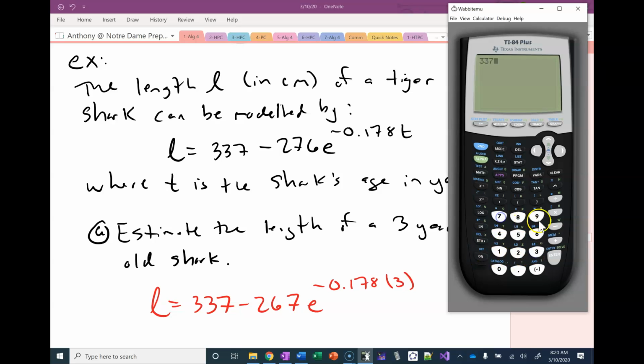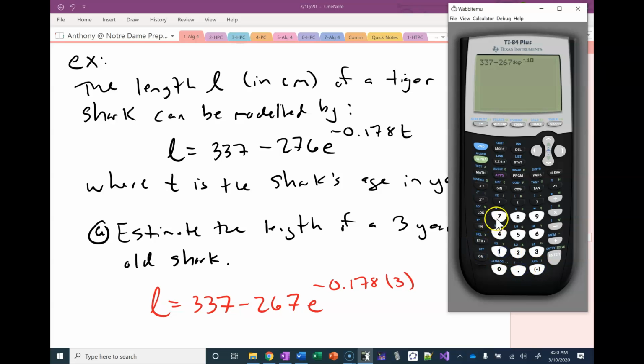So 337 minus 267. And there's 2 places where I can get the letter e from. The one that I usually use is by pressing second and the ln button. You'll notice that's on the left-hand side of your calculator. I like that option because it gives me an exponent with it at the same time, and almost always I'm putting an e to some power when I'm doing this work in this chapter. So it saves me an extra button press.